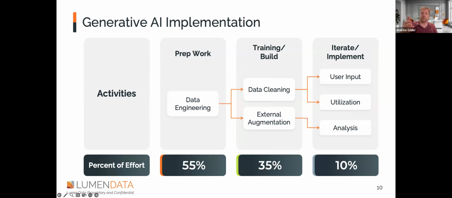And then the final 10% is really user input, so that we can determine how effective our large language model outputs are, as well as finding new ways to utilize that output and doing some analysis to make sure that we are providing the right information and the right types of information to continue to refine our output from our large language models.